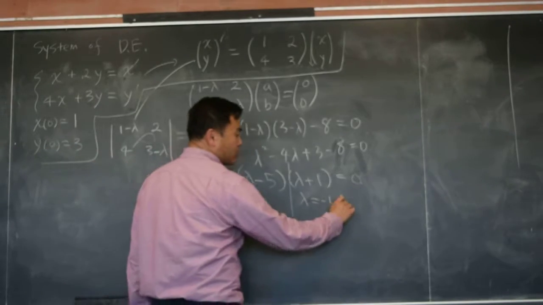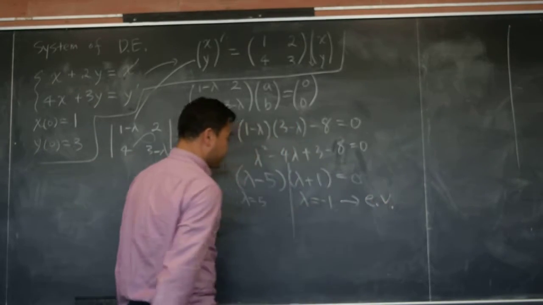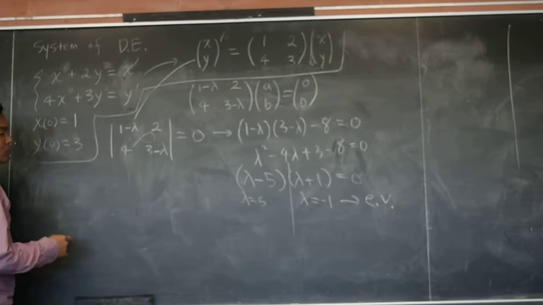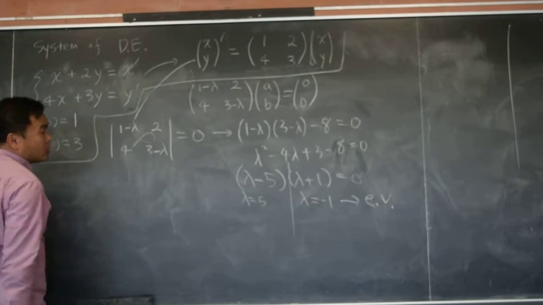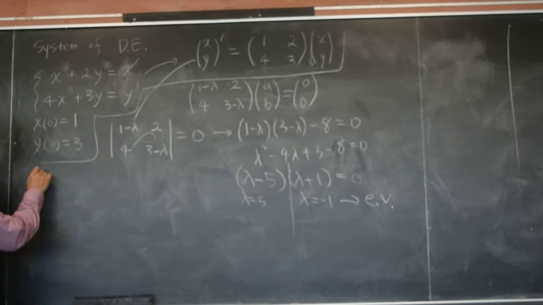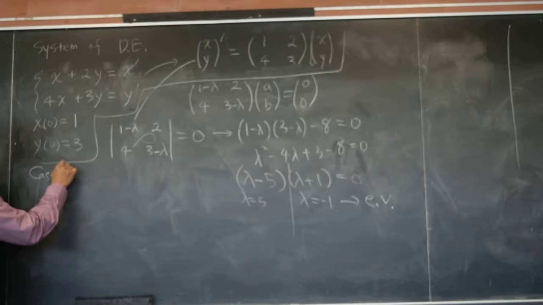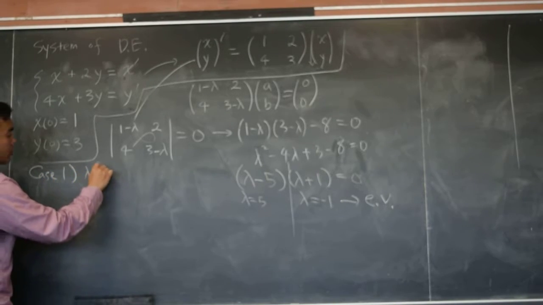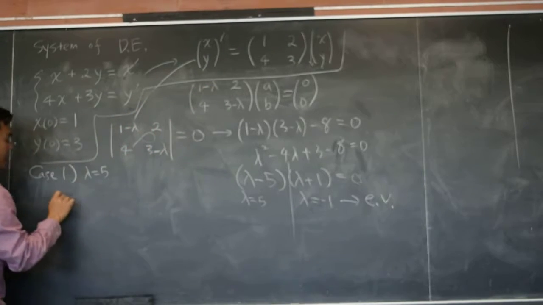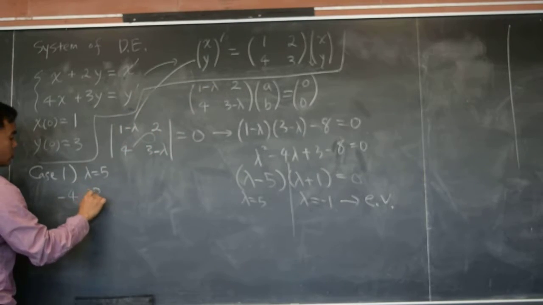These are the eigenvalues. And then once you find the eigenvalues, you can plug them back in here to find the eigenvectors. Okay. So you have two cases. Case 1, that's when you have lambda equals 5. And if you plug in lambda 5, 1 minus 5 is negative 4, 2.